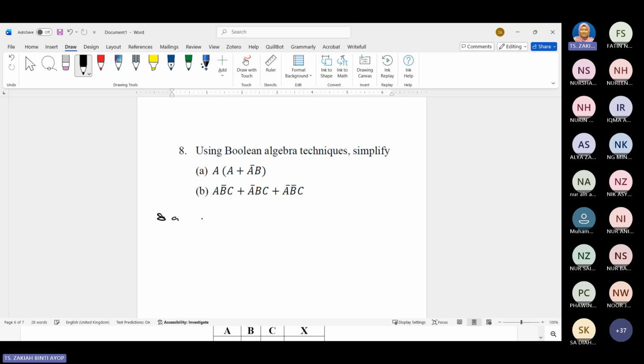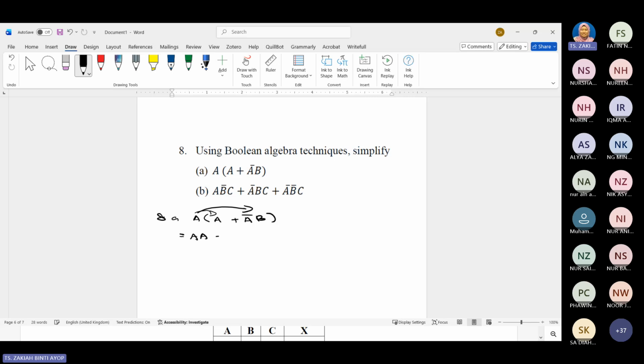So 8A means A with the bracket A plus A prime B. Now, you can either solve this A plus A prime B with the expressions, or you can just remove the bracket using the distributive law. We remove it by multiplying inside of it, just like that.